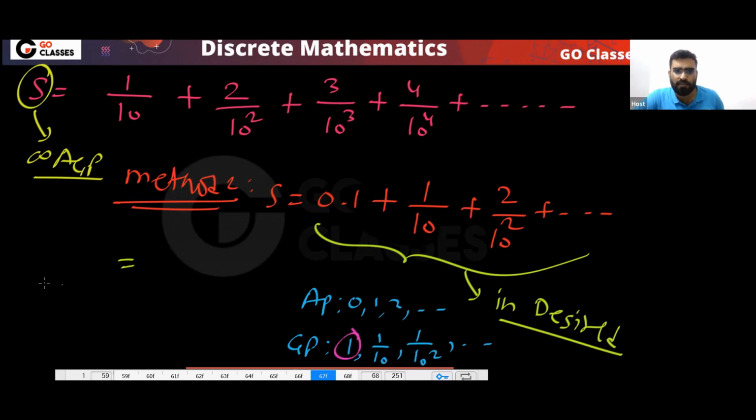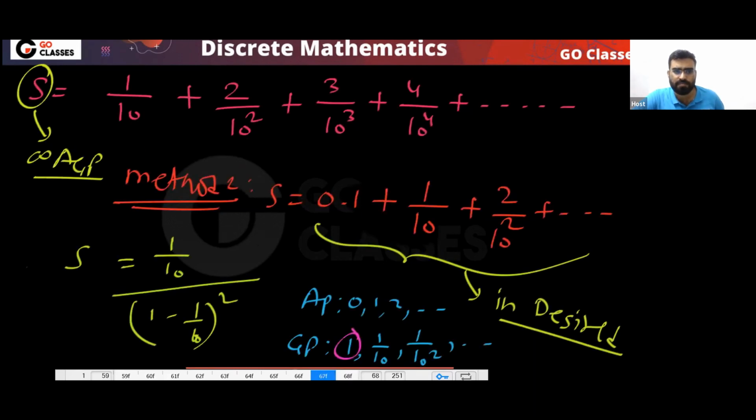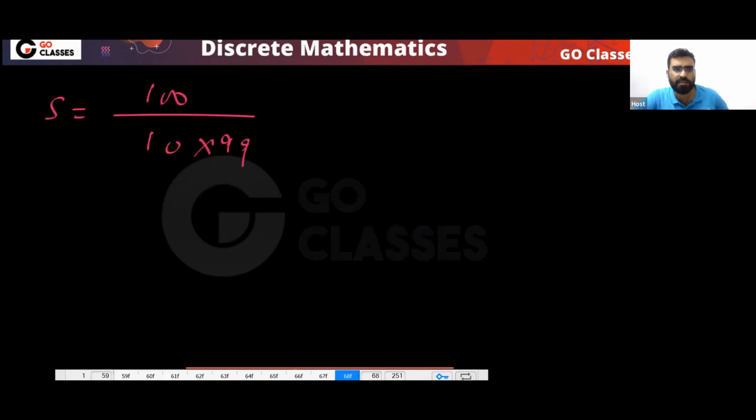So finally, D is 1, so that will be D into R upon 1 minus R square. So what will be S? S will be equal to 1 upon 10, okay, 100, I think 99, right? Sorry, 81. So the answer will be 10 divided by 81.